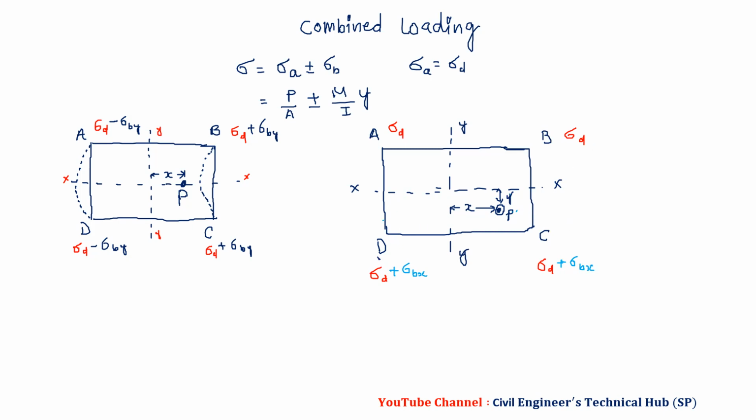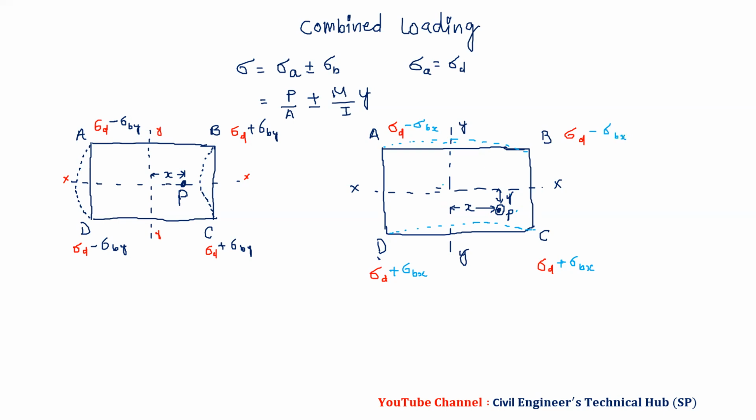Then automatically, because it will bend in this fashion, we have compression at A, D, C, and tension at A, B. So this will be minus sigma Bx, and then this will be minus sigma Bx.